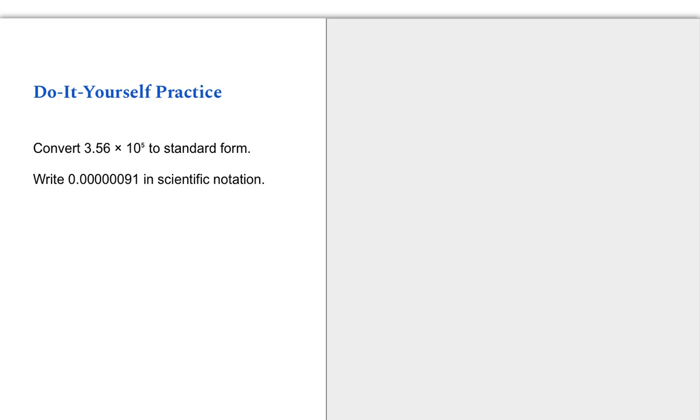Let's convert the first one to standard form, and again we're going to work on this here, 3.56, and the exponent here is telling me how many times I have to move it. 5 times, move the decimal. And where am I moving this?